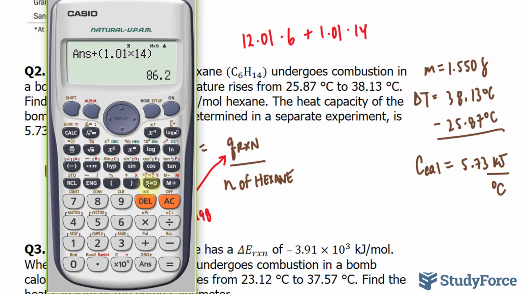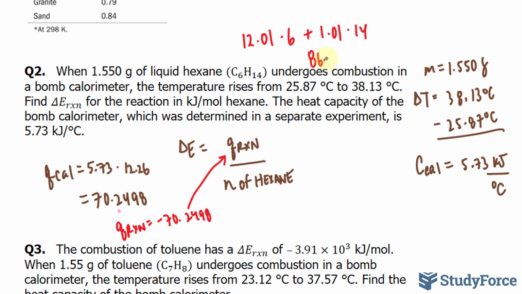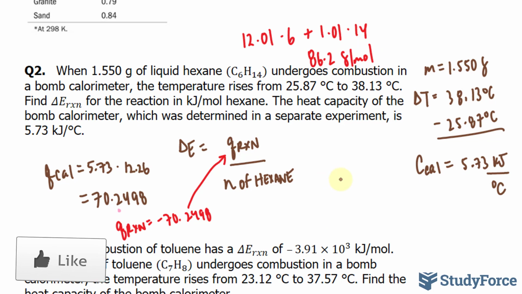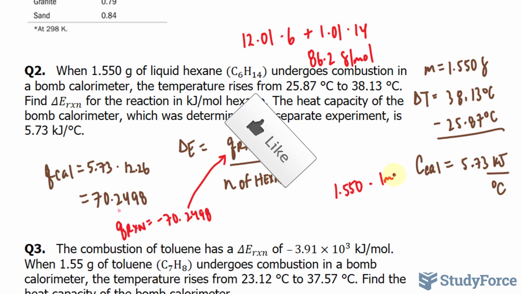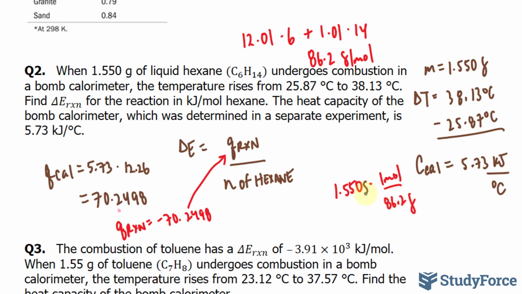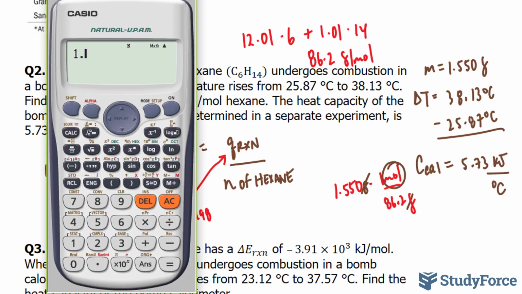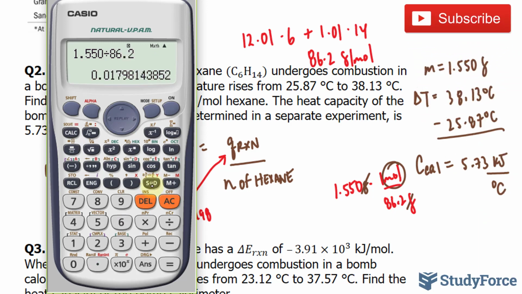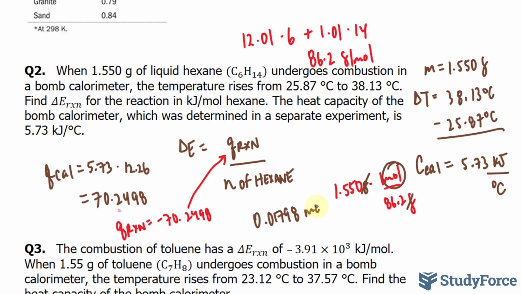We end up with 86.2 grams per mole. Now if I take the mass of hexane, 1.550, and multiply it by 1 mole per 86.2 grams, the grams unit will cancel out, leaving us with the number of moles. 1.55 divided by 86.2 gives us 0.01798, and the units are in moles.